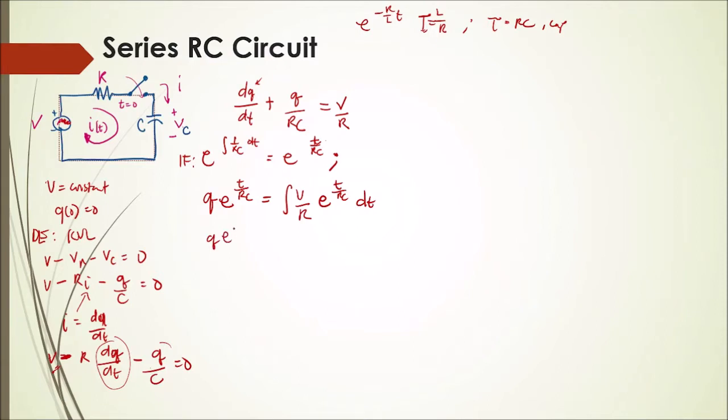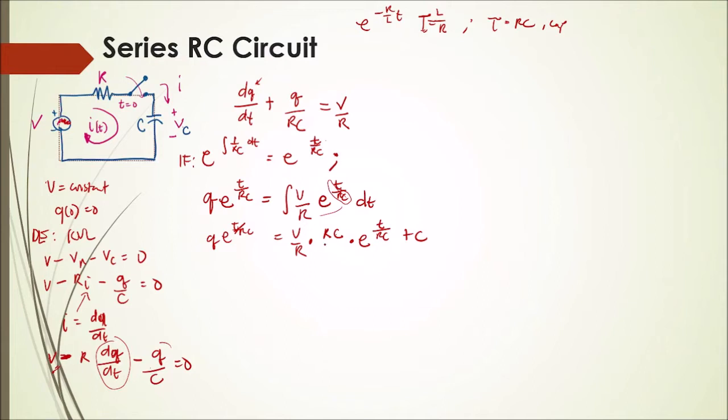This is V over R times RC, no? Pag integrate, the 1 over RC becomes the denominator, then reciprocate, this becomes RC times e to the t over RC plus C.